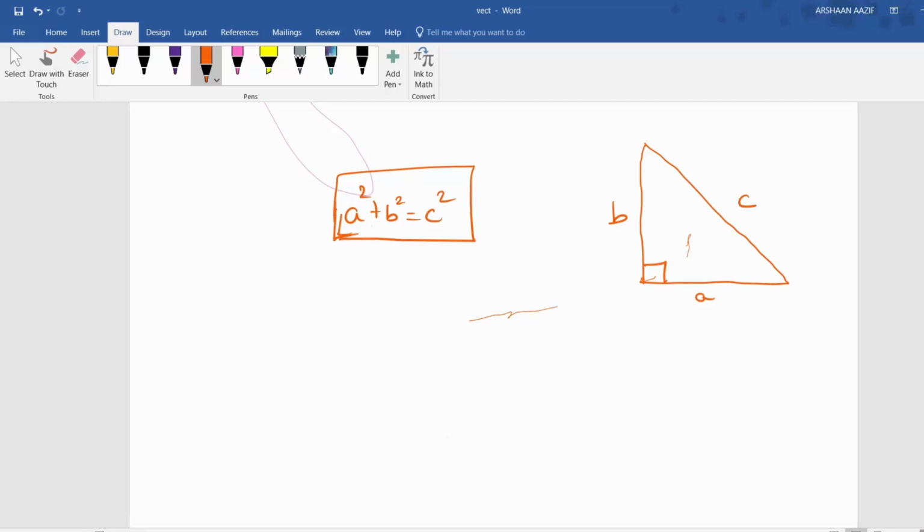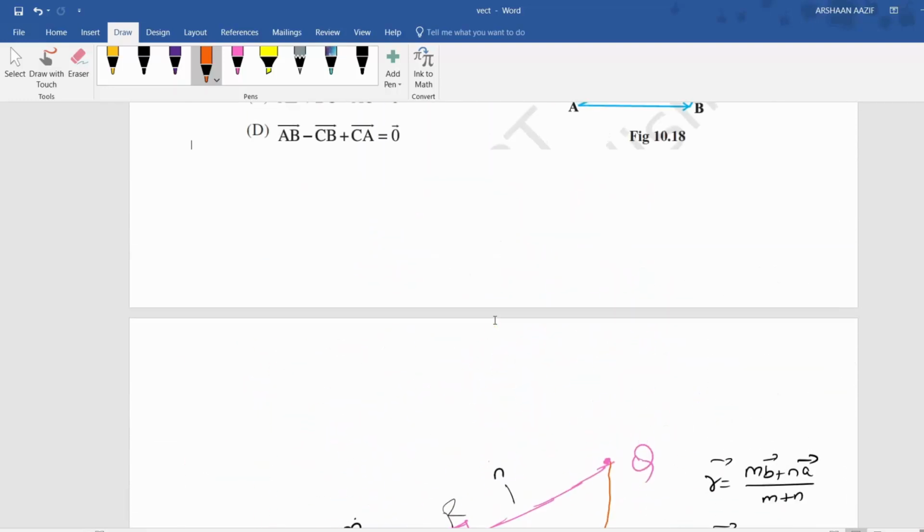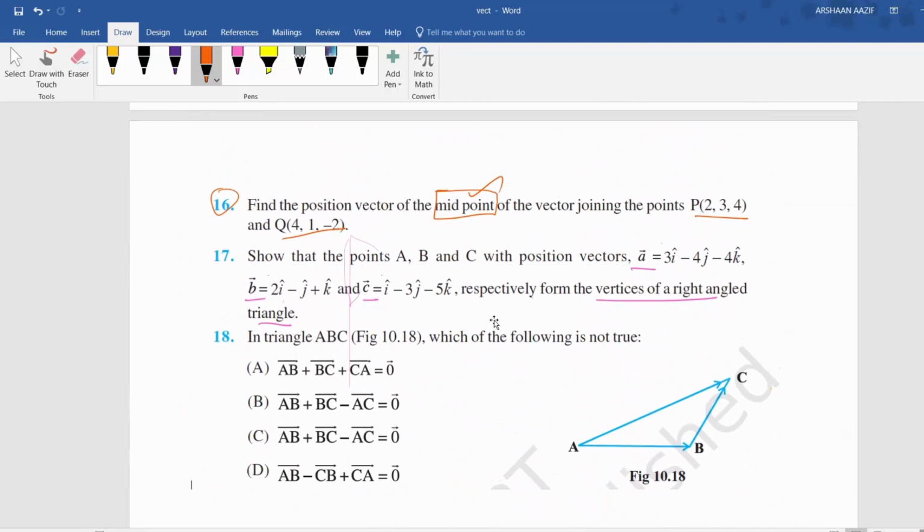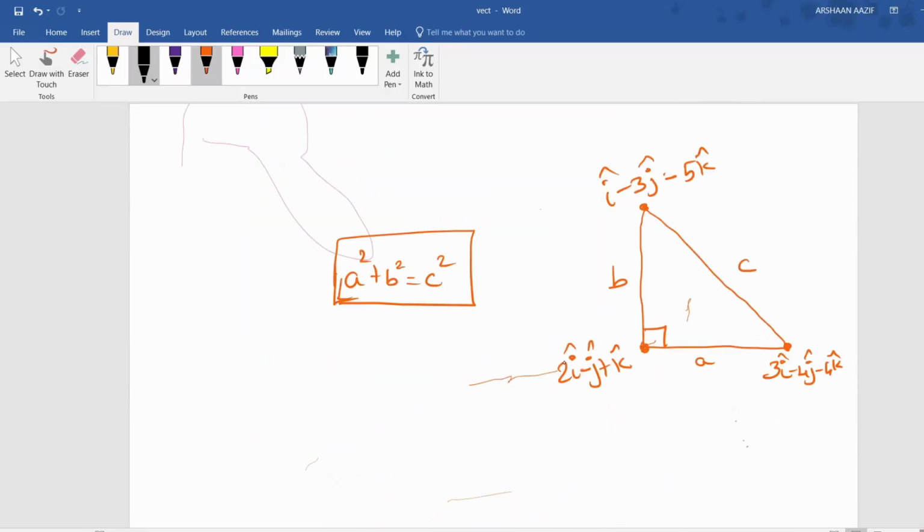So I have the vertices. These three are the vertices of the triangle. This is my vector B, this is my vector A and this is my vector C, that is OC vector, OB vector and OA vector. So they are given like this.